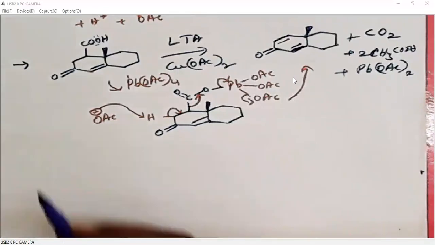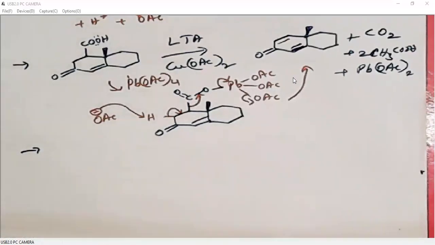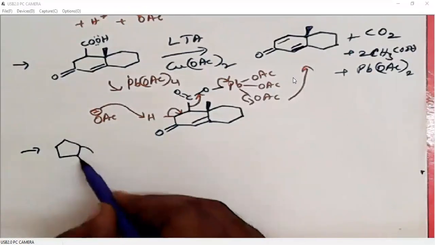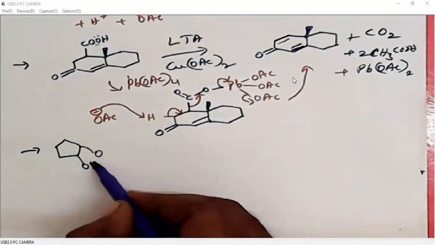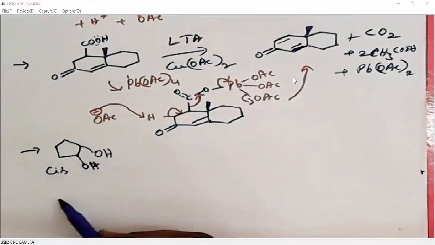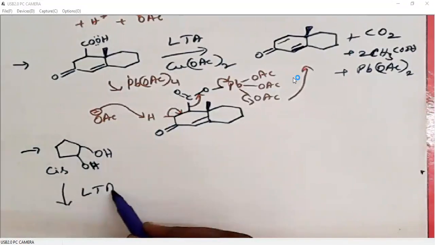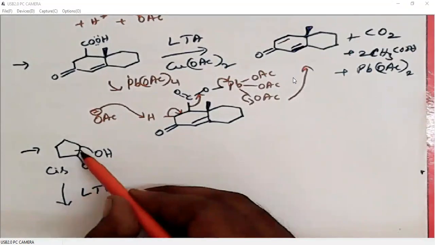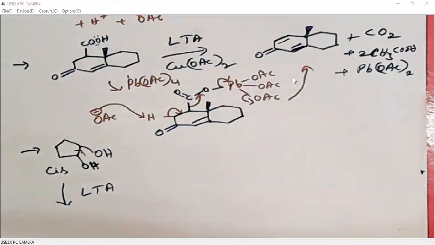I'll also tell you one more additional point for the cleavage of 1,2 diols using lead tetraacetate. If it is a cis diol, yes, we can use LTA for cleavage of this 1,2 diol, and the reaction will be very fast. The product is both carbonyls.